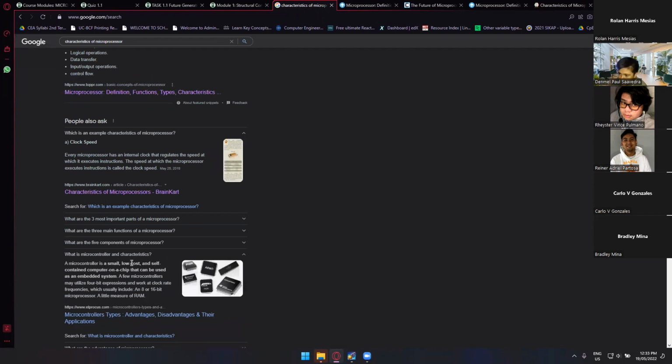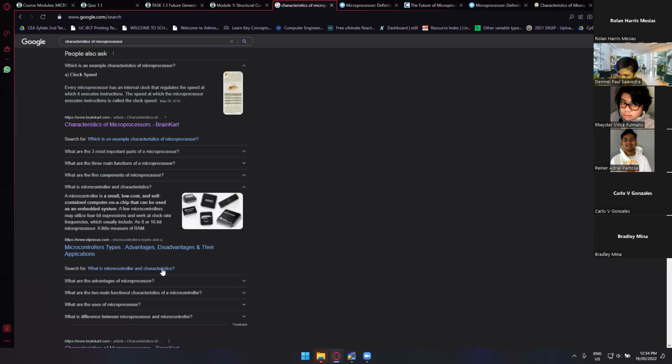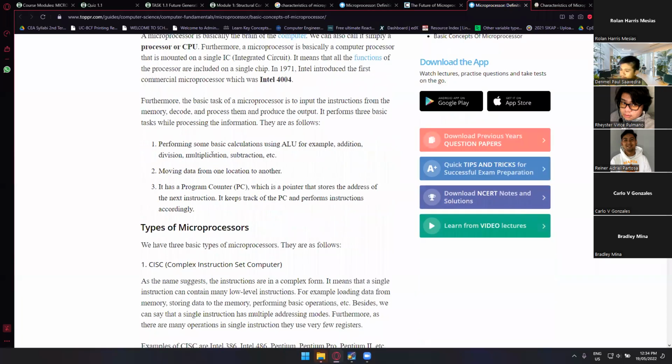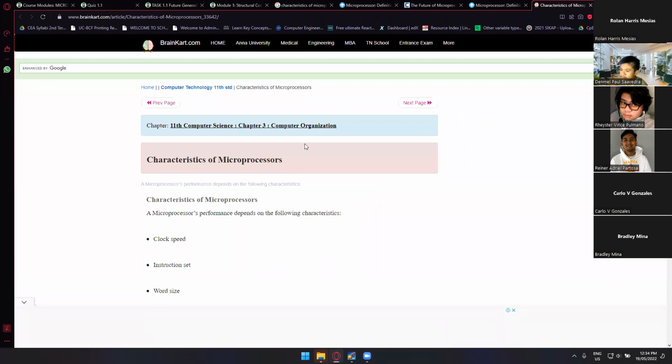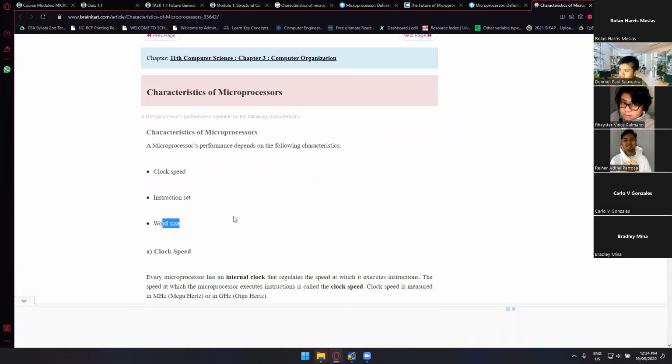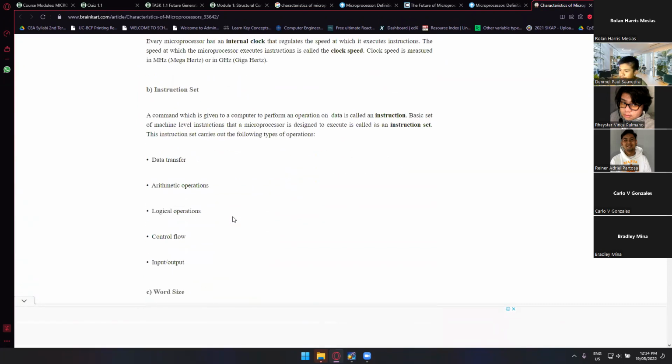Microcontroller is small, low cost, and self-contained computer on chip. Clock speed, instruction set, word size. Tatlo lang naman.